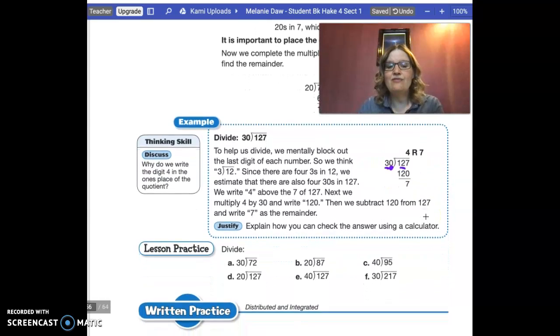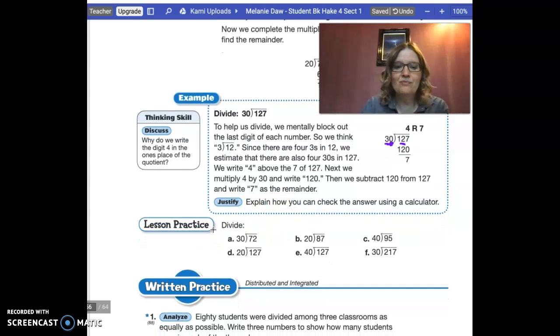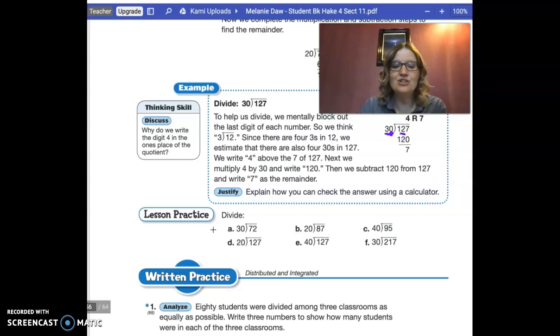Let's do a few for the lesson practice, and I'm going to just do them as best I can in the margins over here. 72, this looks really familiar, only it's with 30. Now I look at my 3 and I look at my 7, and automatically I know 2 is a good number.